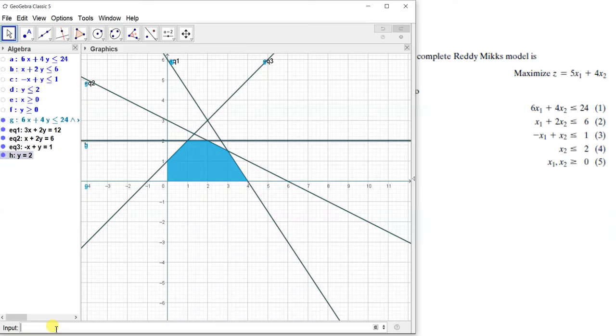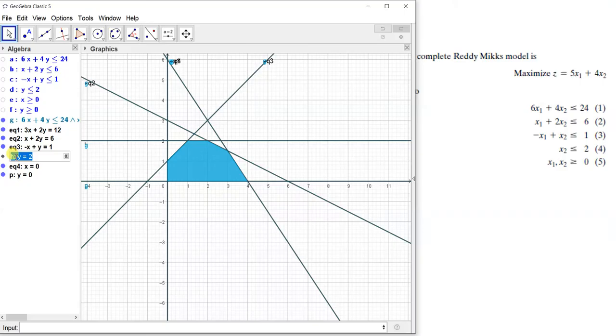And then we have x equals 0 and y equals 0. So this is how it looks. Now we have to find all these points of intersection, that is the corner points of the feasible region. For this, we have equations 1, 2, 3, and we have to change the labels here.